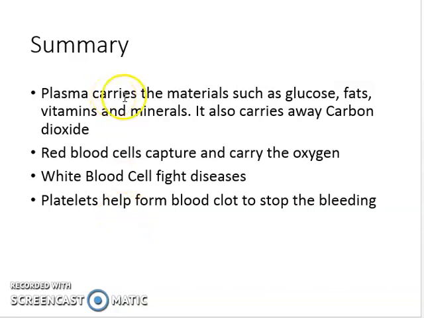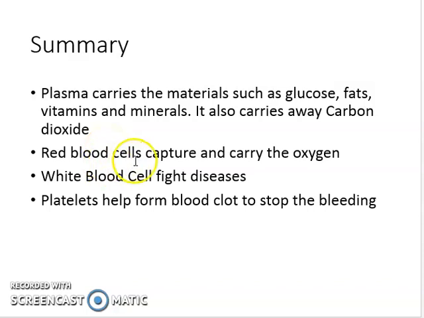The work of plasma particularly is to carry materials such as glucose, fats, vitamins, and minerals. So those are the nutrients that we take from the food that we eat. It also carries away carbon dioxide.